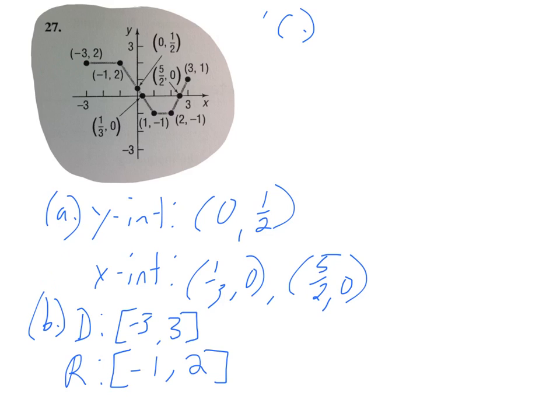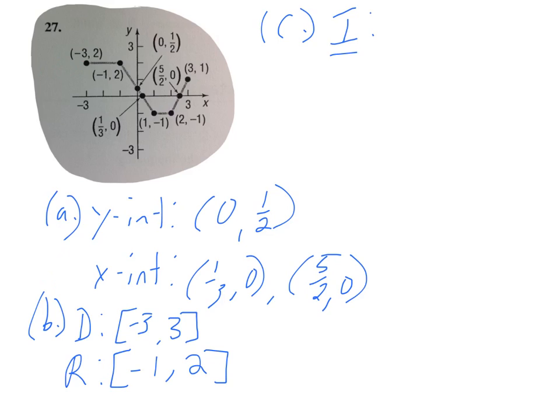For part C, we are asked to find the intervals over which it is increasing, decreasing, or constant. Let's start with the intervals over which it is increasing. Where is it increasing? 2 to 3, yep. And we're going to use open intervals because when it changes from increasing to decreasing, or from constant to increasing, we're going to assume that at that point it's neither increasing nor decreasing.